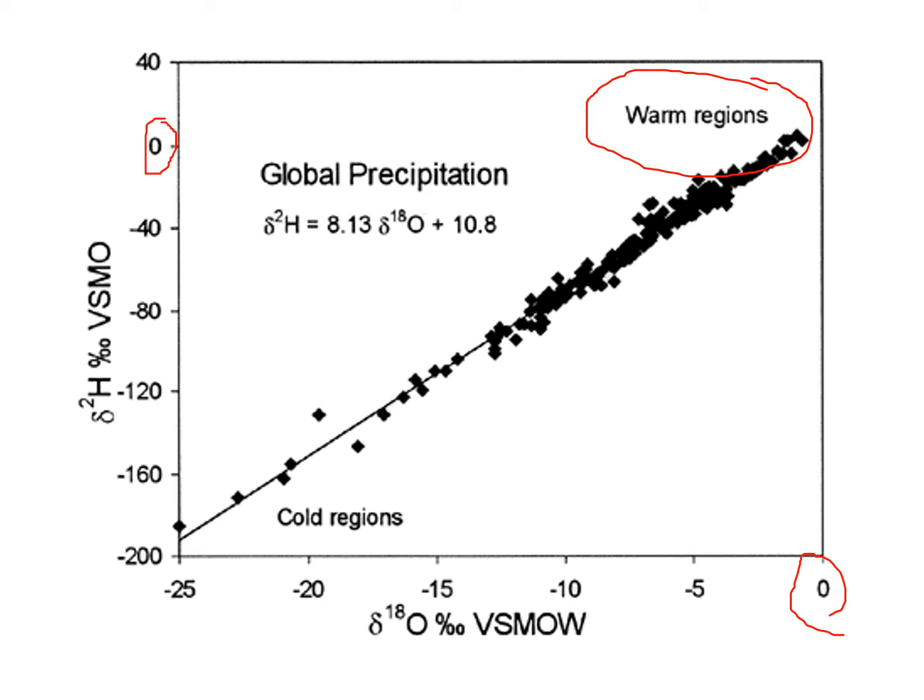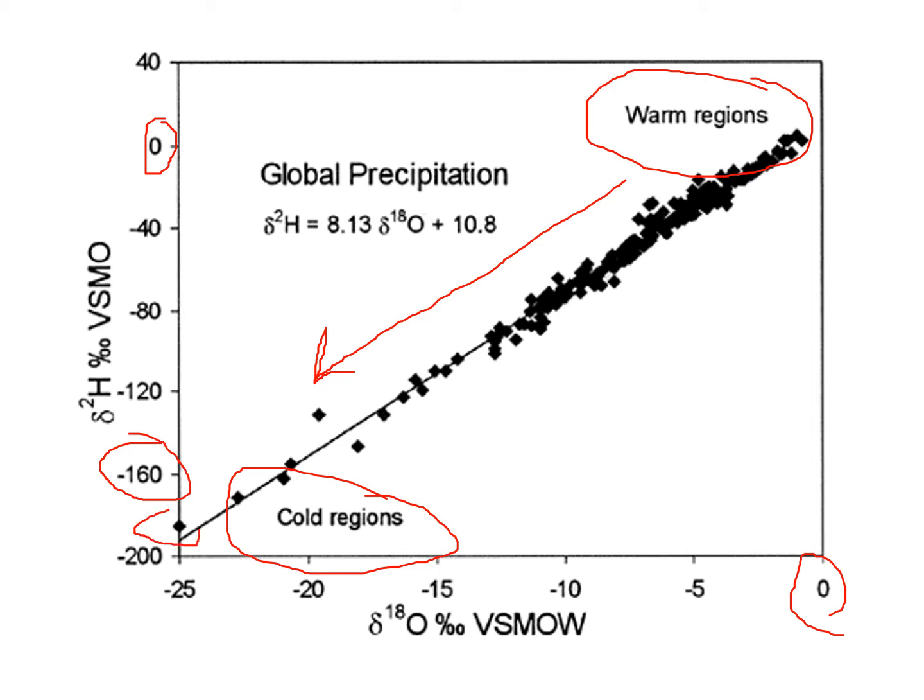But as the vapor is transported from the equator towards the poles in this direction, the rainfall that falls from that vapor will get increasingly isotopically more negative. And when you get to the cold regions where it's forming as snow, we will have isotopic composition which is much more negative. And so now we have values here down to around minus 160 to 180 in the hydrogen and about minus 25 in the oxygen.